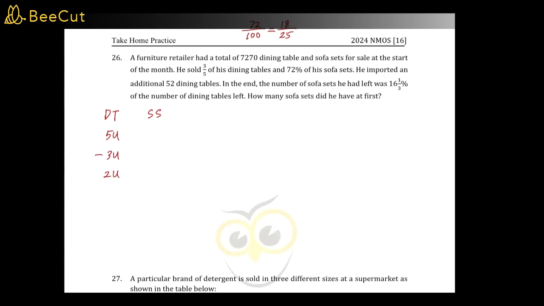For the sofa sets, 18 out of 25. So we'll start from 25p minus 18p. There's 7p left. After that, he imported an additional 52 dining tables.